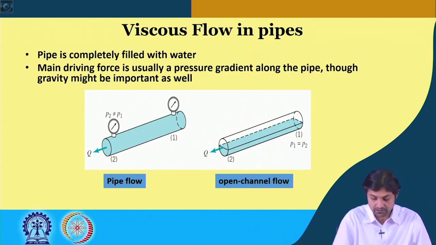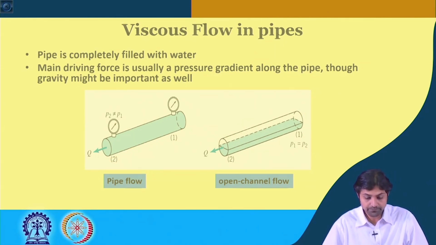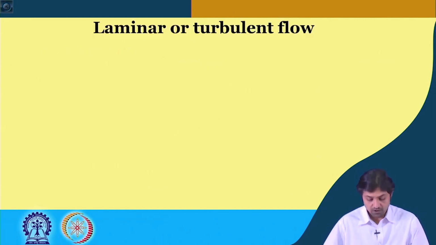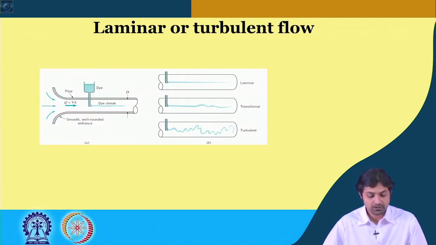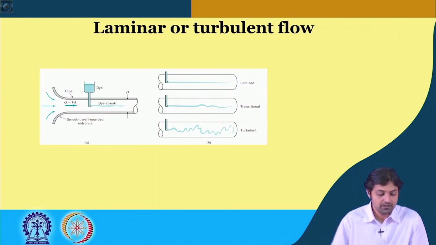I will take these slides away. Now, when flow in pipes occurs, the important question is whether it is laminar or turbulent flow, because that is one of the classifications of flows that we also saw in open channel flow. Therefore, I am going to explain what laminar and turbulent flow are.